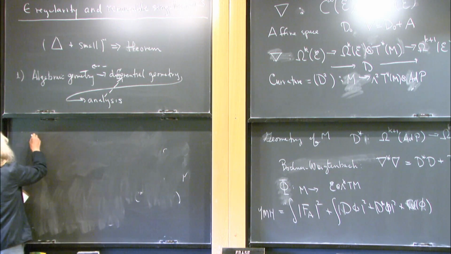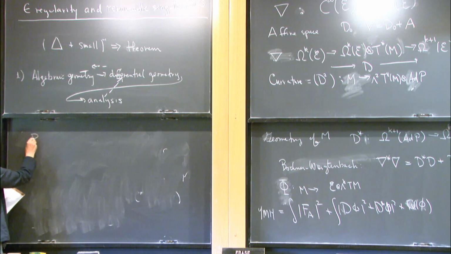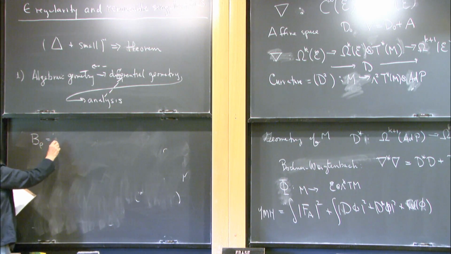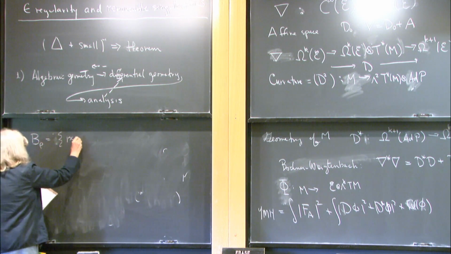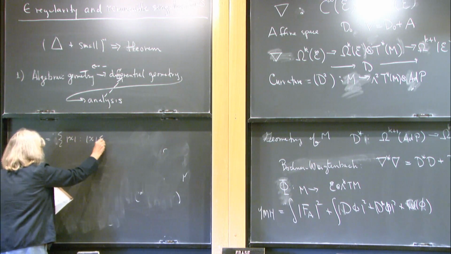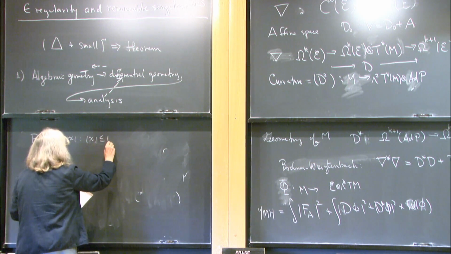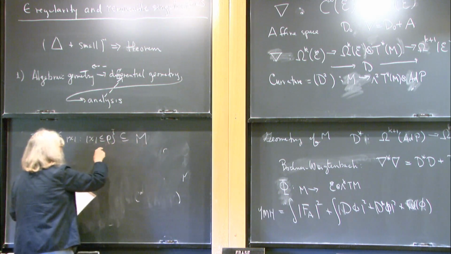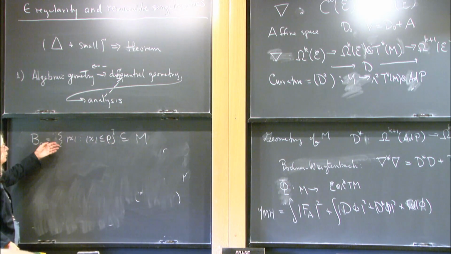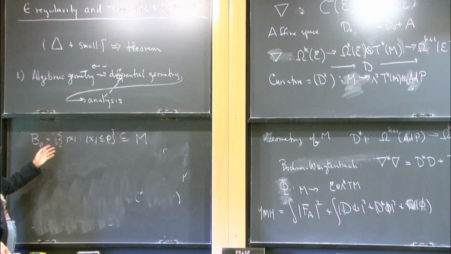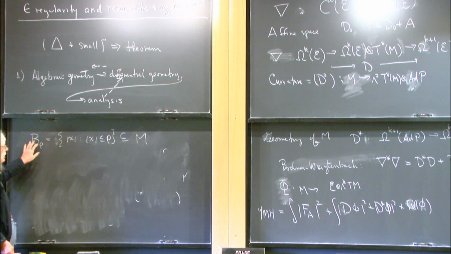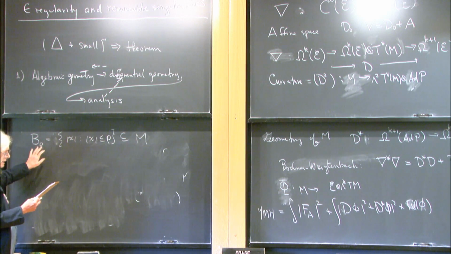We're always going to be working on a disk B_rho, which is equal to the set of x such that |x| is less than or equal to rho in some coordinate chart, which sits in M. And as I explained to you, certainly rho is small for all these examples. The whole idea is to take a small neighborhood and make an estimate in that. I'll talk about the size of the ball a little bit later when we get to some of the analysis.